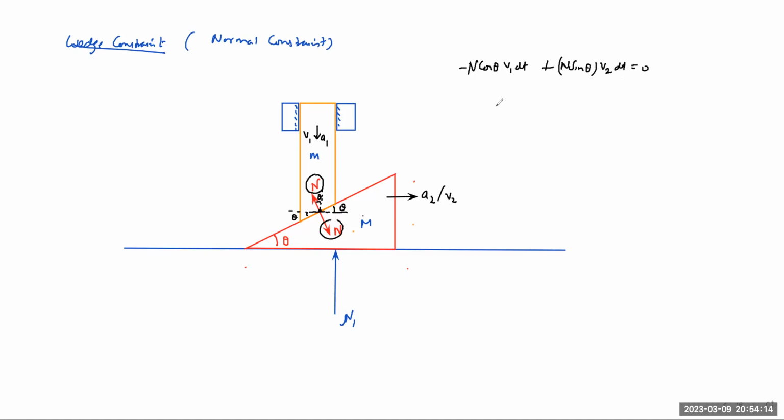And now you know the answer: minus V1 cos theta, so basically V2 sin theta is the same as V1 cos theta. So I can call this Vx, and I can call this Vy. It looks nice. So Vy tan theta is Vx.